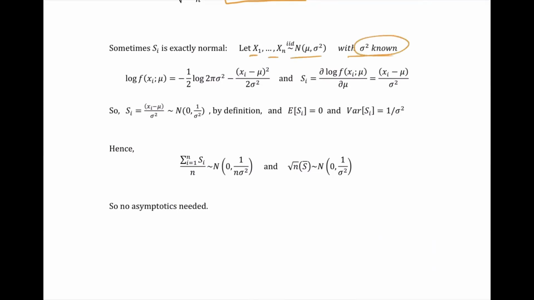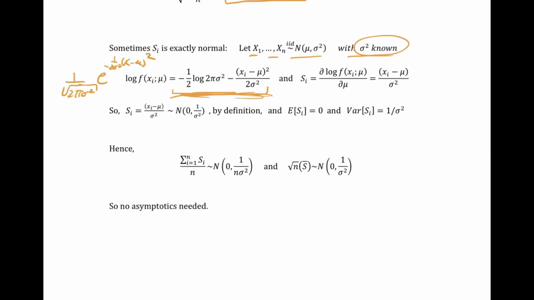I'm going to treat sigma squared as known. Here's the log density, right? Because the density is 1 over the square root of 2 pi sigma squared e to the minus 1 over 2 sigma squared x minus mu squared. If I take the log of that, I get this thing here. All right.